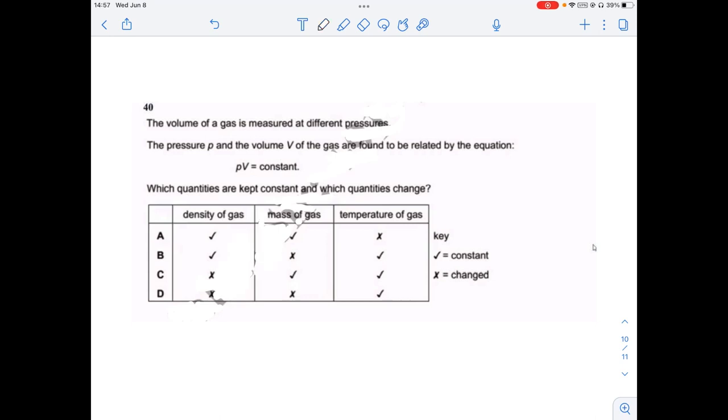Coming to the last question, question number 40: the volume of a gas is measured at different pressures. The pressure p and the volume V of the gas are found to obey the equation pV equals constant. Basically, pV equals nRT, that's the standard formula. Which quantities are kept constant? See what it says here: a tick mark means constant and a cross mark means changed.